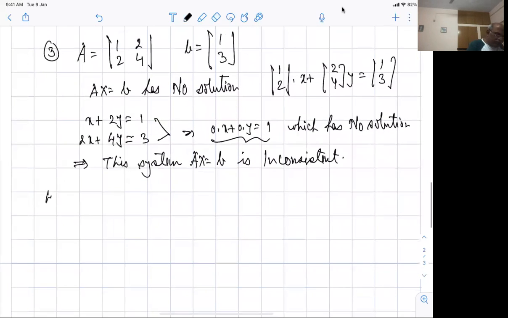Another example that I would like you to look at is the same A. A is [1 2; 2 4] and B is (7, 14).